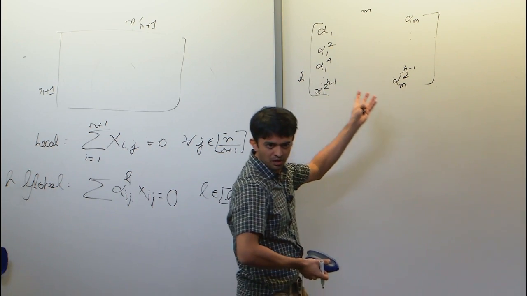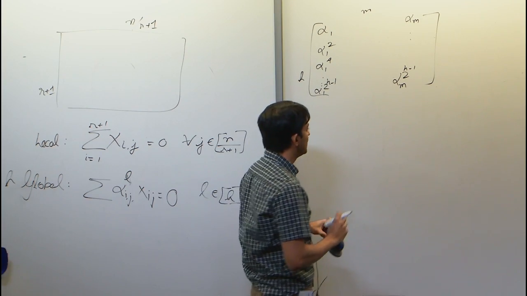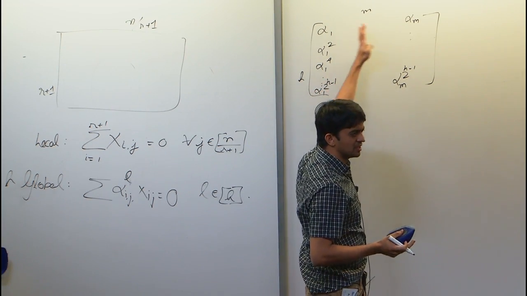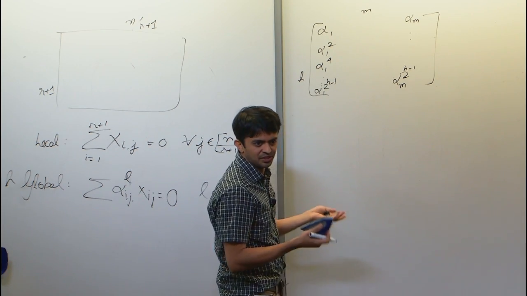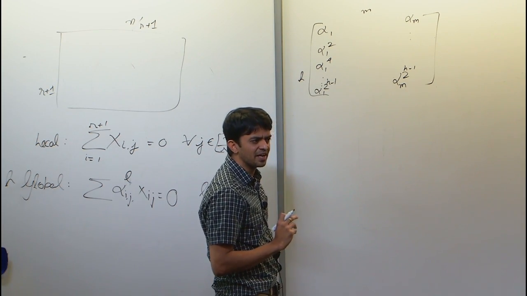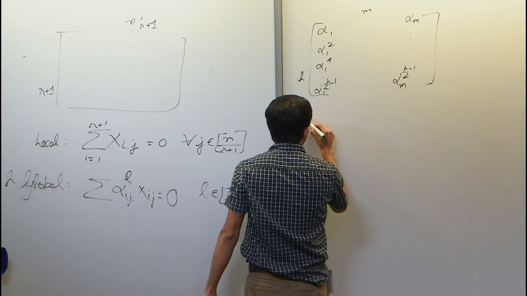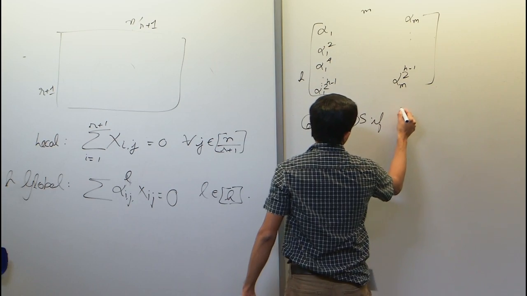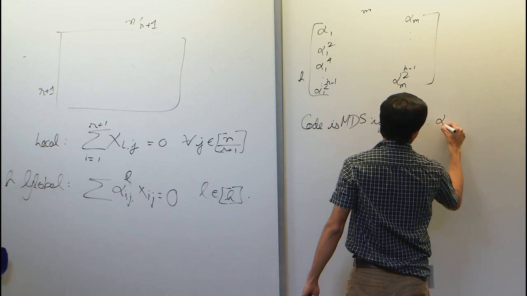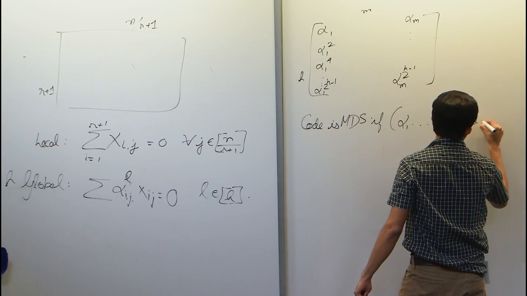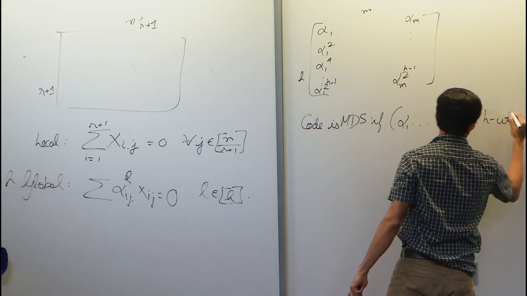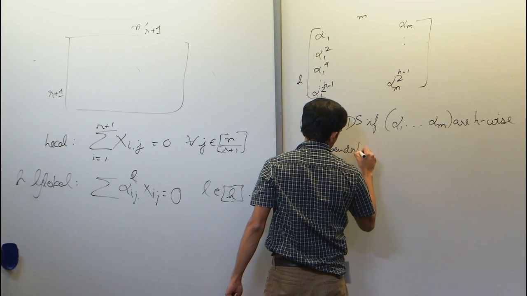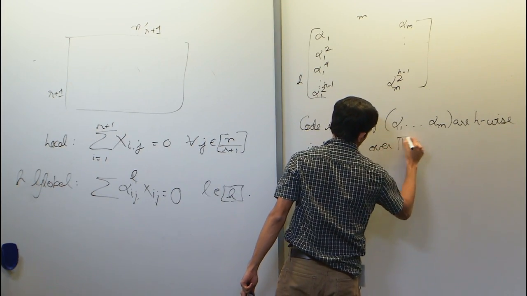When is a code like this MDS? This is basically asking, if I have h such elements, when is the determinant non-zero? There is a very clean characterization of that. This code is MDS if alpha_1 through alpha_m are h-wise independent over F2.